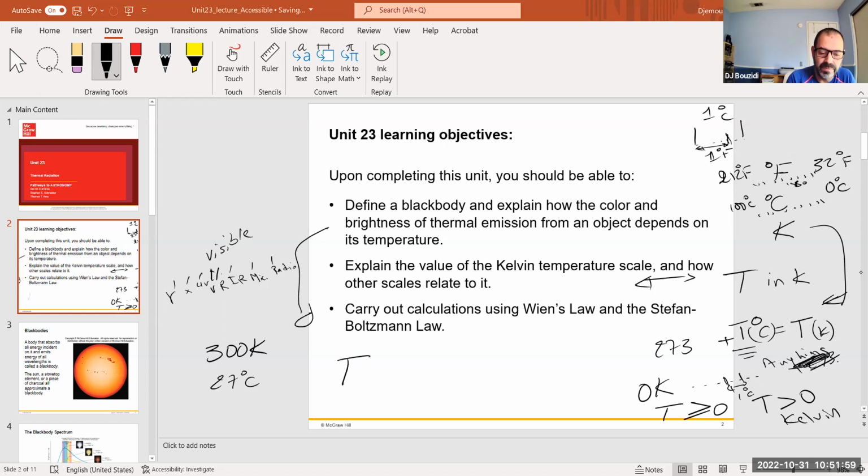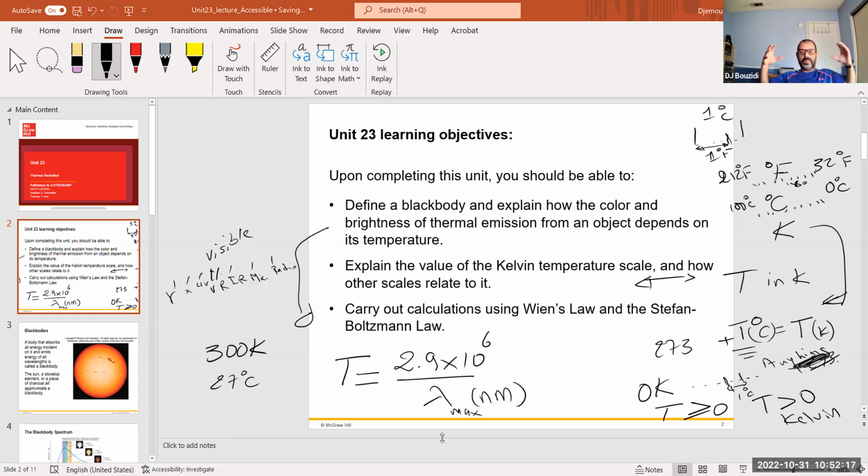For measurement of temperature and wavelength, they are inversely proportional to one another. So if I know the wavelength, the maximum wavelength that is, in nanometer, okay?